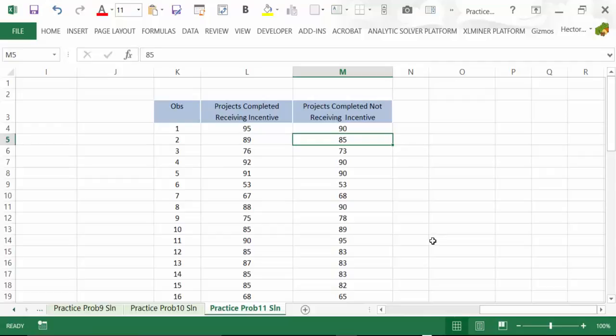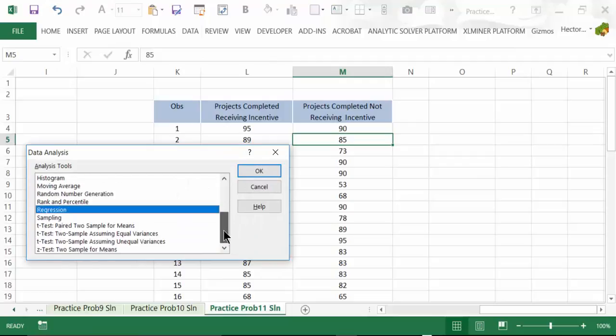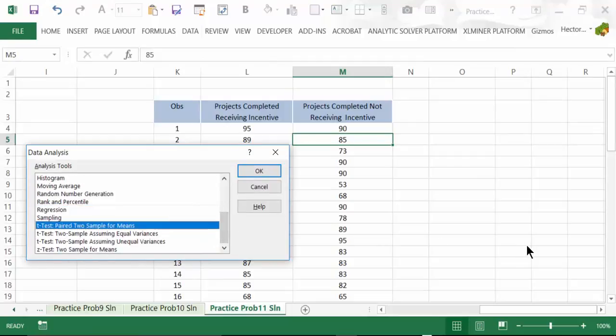How are we going to do that? We're going to use something called a paired t-test. To do that, we go back to our data analysis tool, and one of the tests available at the bottom is the paired t-test. This test is for situations where often a single observation receives two treatments, not receiving the incentive and then receiving the incentive.